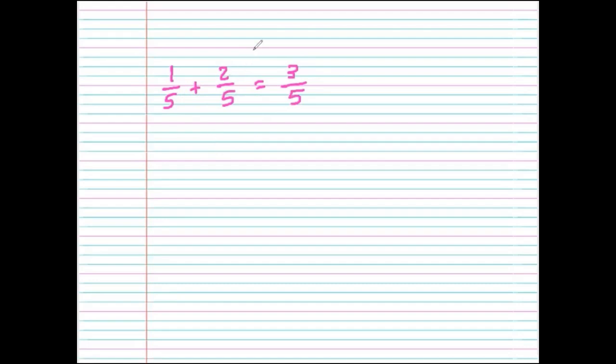So what happens in this lesson? I'm going to add two mixed numbers. If I sit here, this is 3 and 1 over 5 plus 6 and 2 over 5. What am I going to do? I'm going to follow exactly the same way.